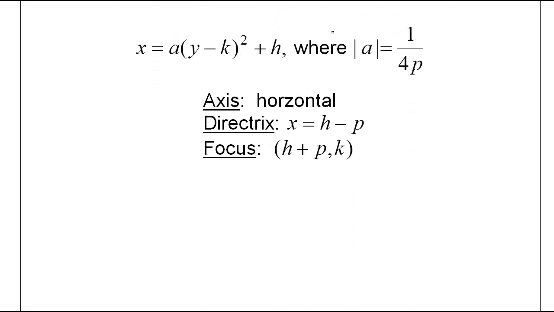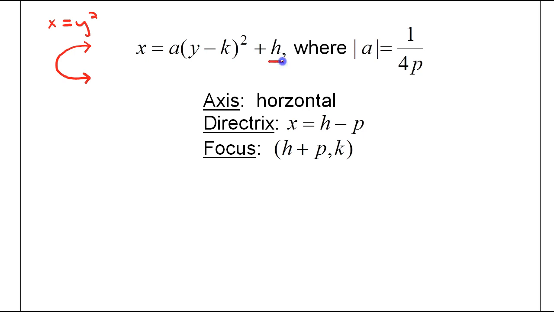Okay, I need to look at this other equation as well. This is going to be different than what we've done before. Notice I've got x and then I've got y with a quantity squared. Now if you look at the general equation of x equals y squared, that's a parabola, but it's a parabola that opens to the right. Now I know that's not a function, but in our study of conic sections we need to consider parabolas that open to the right and to the left.